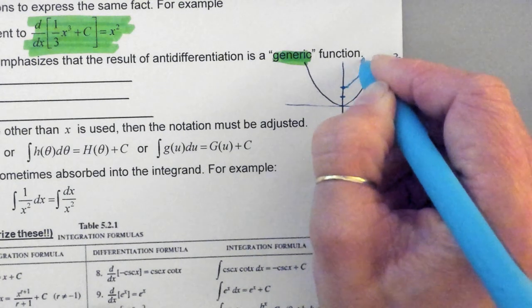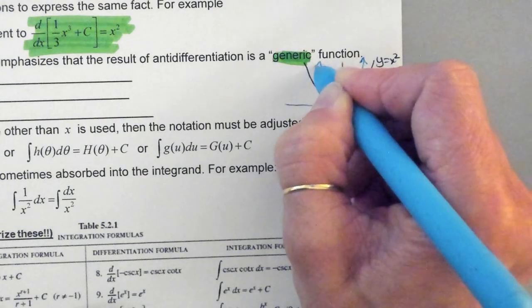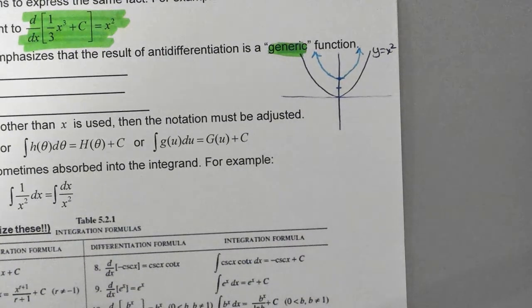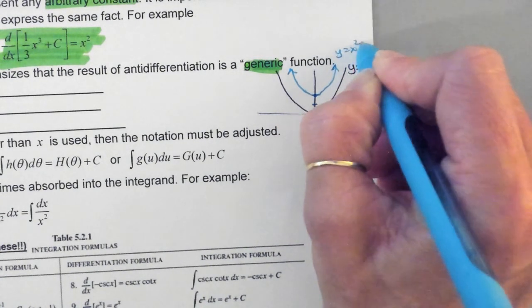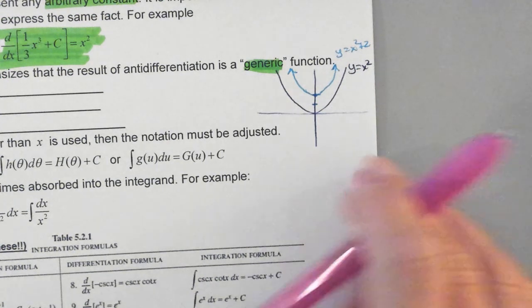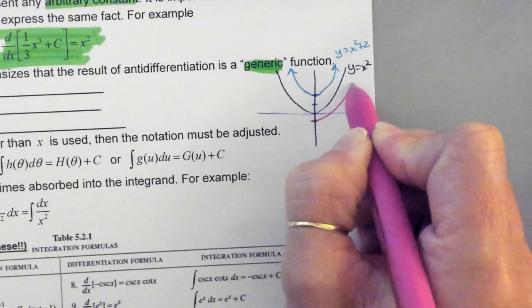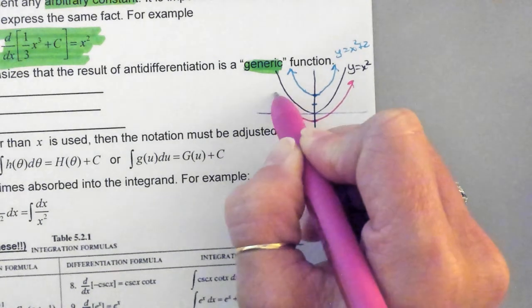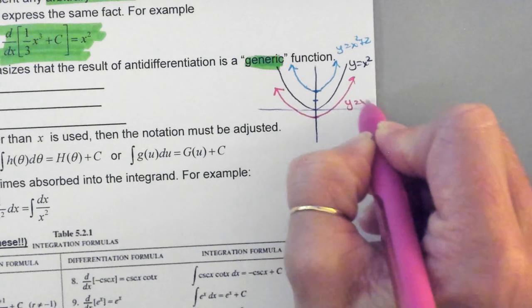What is the equation for this function, if I can get it drawn? Yep, y is equal to x squared plus 2. What's this one? Okay, you guys are getting the point?